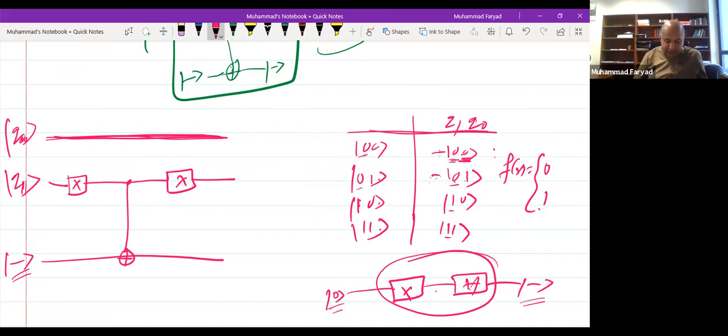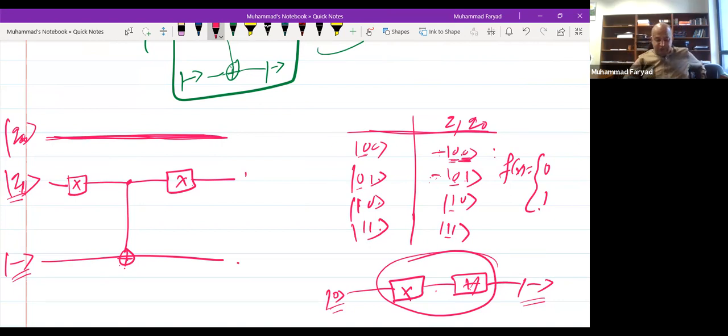These two X gates will make sure that whatever Q1 was here is going to be the same over here, but this control X gate will act only when Q1 is 0, because when Q1 is 0, this X makes it 1, and this 1 makes sure that a bit X is applied to this minus state, which will give a minus sign over here. So you can see that for these combinations of inputs, you will get a minus sign here and the same output here, which is equivalent to having a minus sign with this input and the same input output over here.